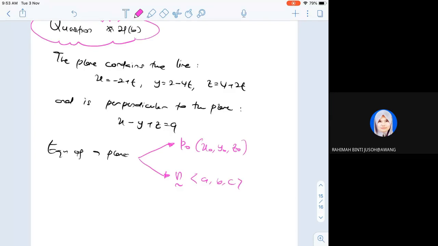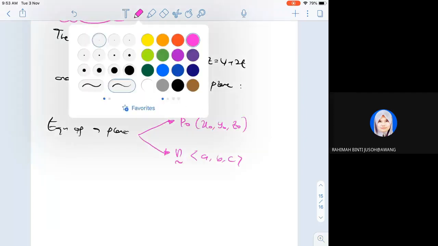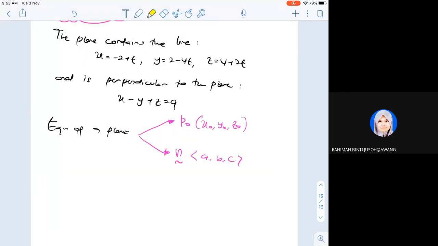Okay, so we can take P naught from the line. So we can have P naught as negative 2, 2, and 4, taken from the line.